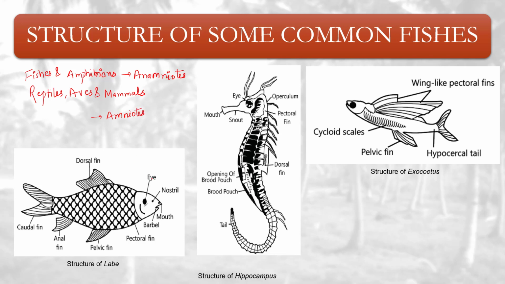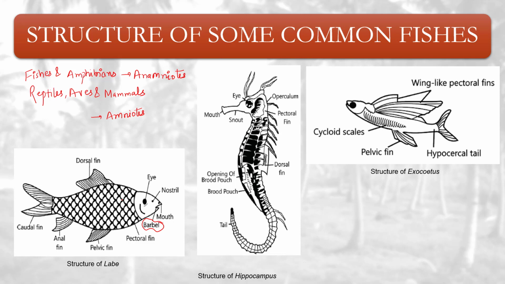The most important thing I have to tell you is, you can see this is a barbel. There are many cases where you encounter this term barbel. Barbels are sharp, horny projections, used for predation.